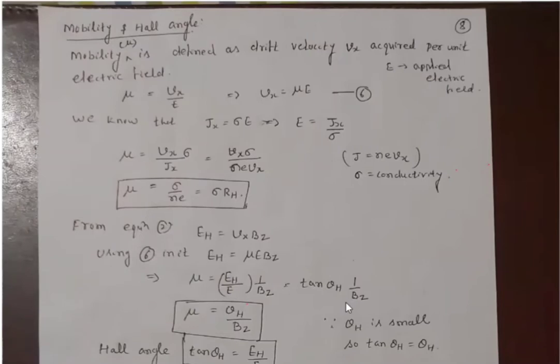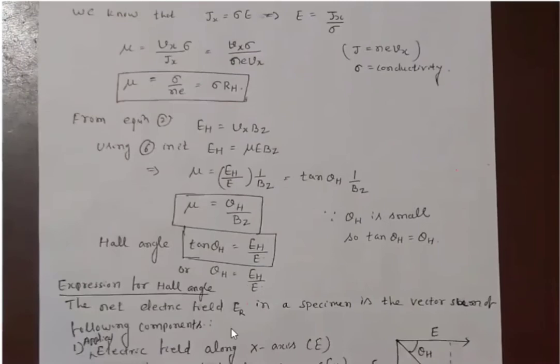Since theta h is small, we can write only theta h over here. So mu equal to theta h upon Bz. So Hall angle tan theta h equal to mu Bz. And tan theta h is defined as EH upon E. EH is the Hall electric field, E is the applied electric field.